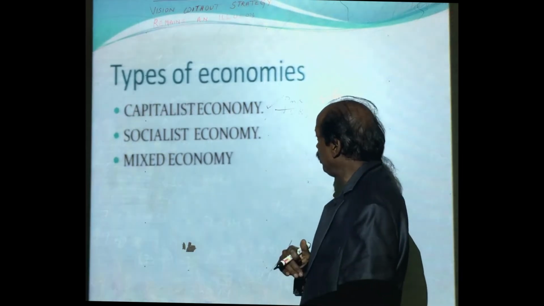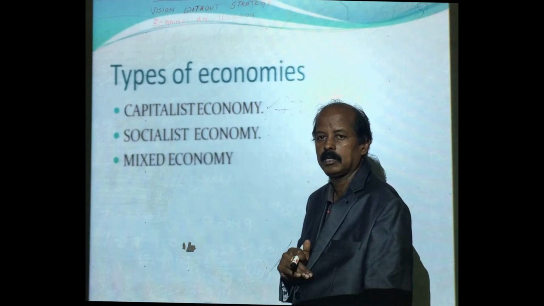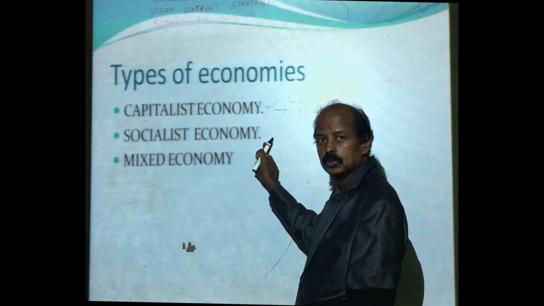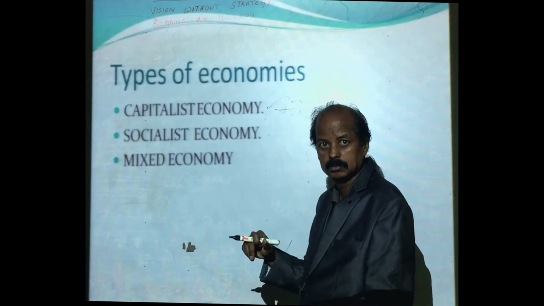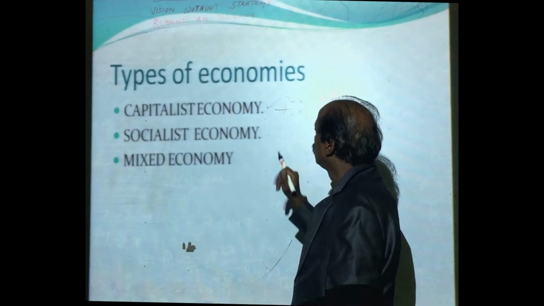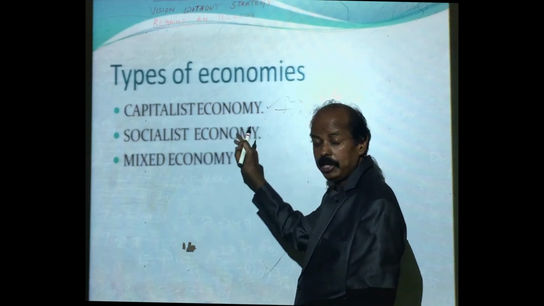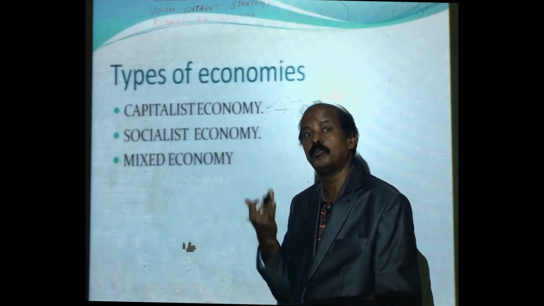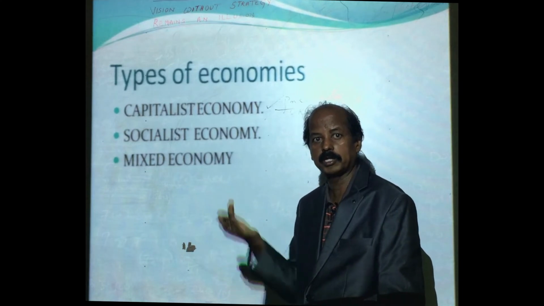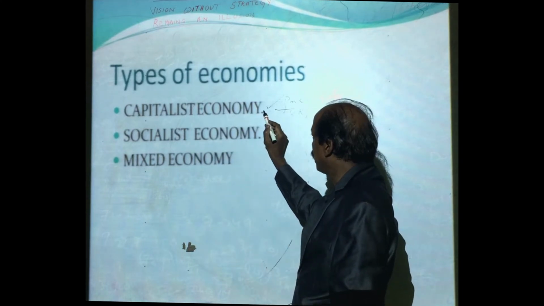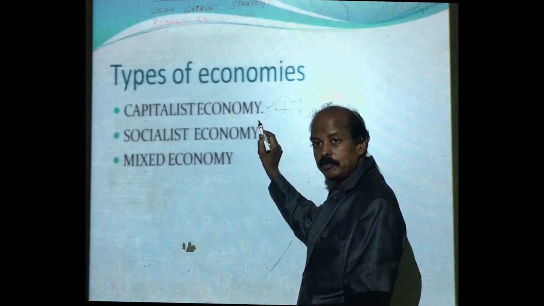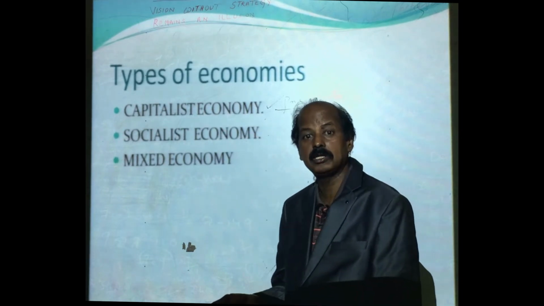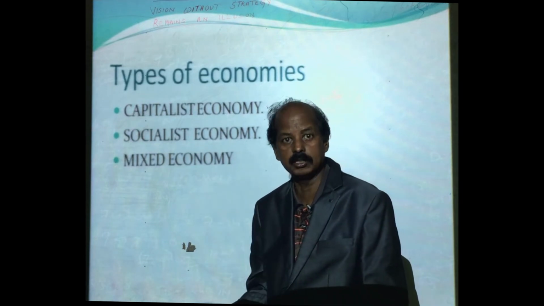So after capitalist economy, a new economic system came into light, because due to capitalist economy, many evils took place. Due to capitalist economy, the rich became richer, the poor became poorer.